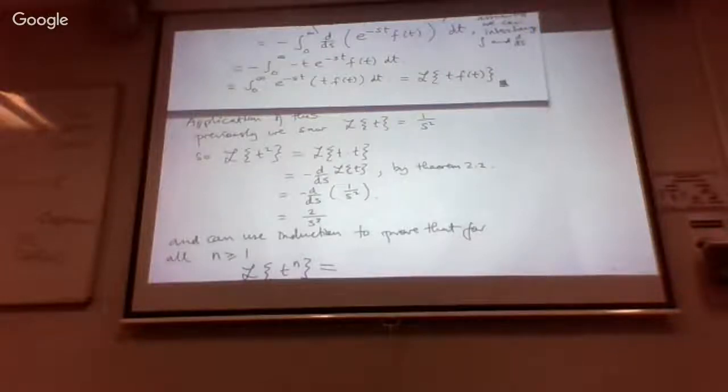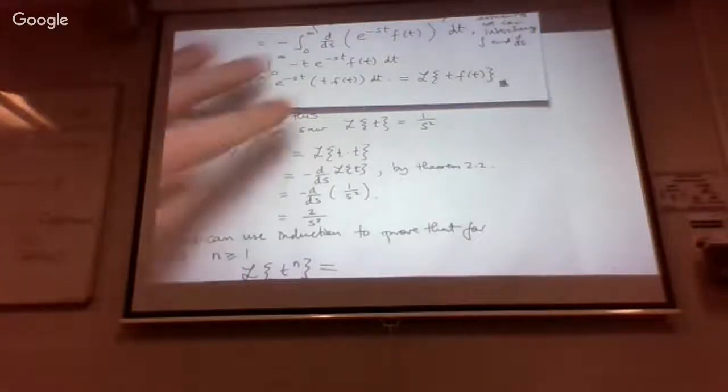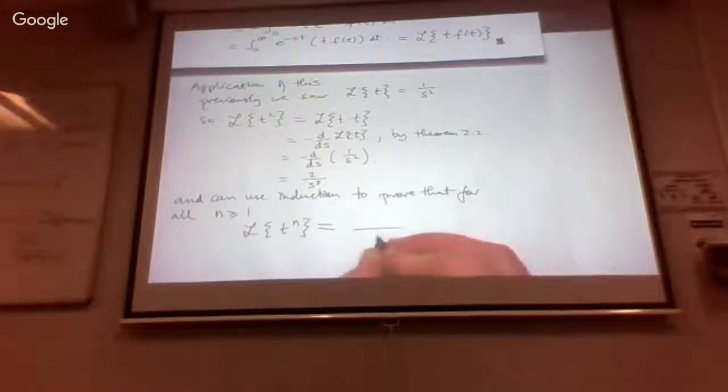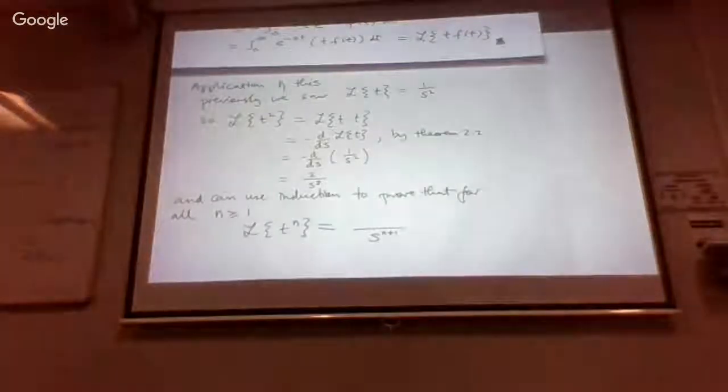Well, what's it going to be? The Laplace transform of t to the power n? n over s to the n plus 1. Not n, what's at the top? n minus 1? So something to do with n, but what precisely?